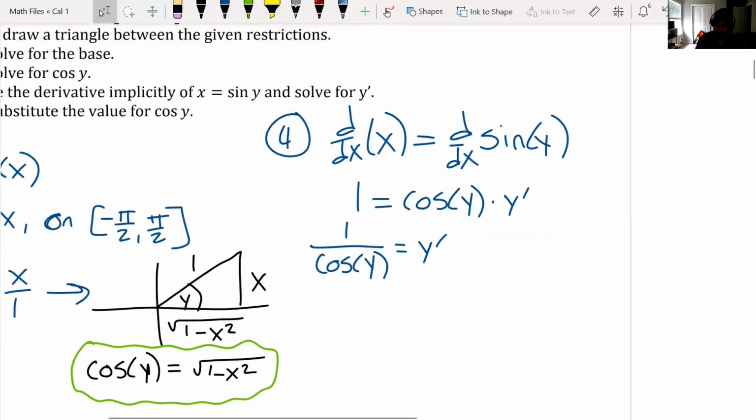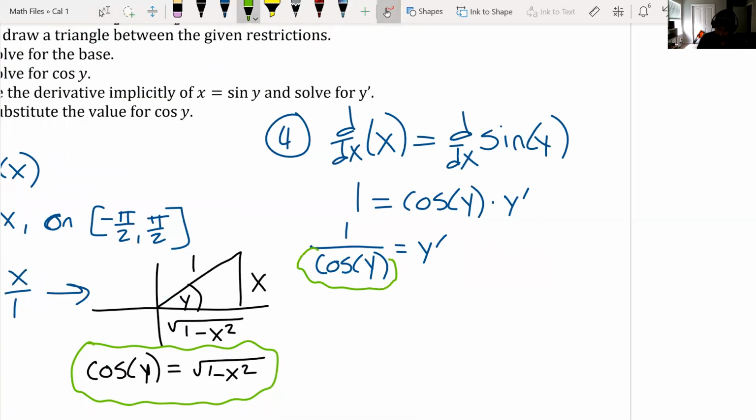And now, here's where we make that connection. What is cosine y equal to? There we go. So cosine y is the square root of 1 minus x squared. Therefore, we get 1 over the square root of 1 minus x squared equal to y prime.